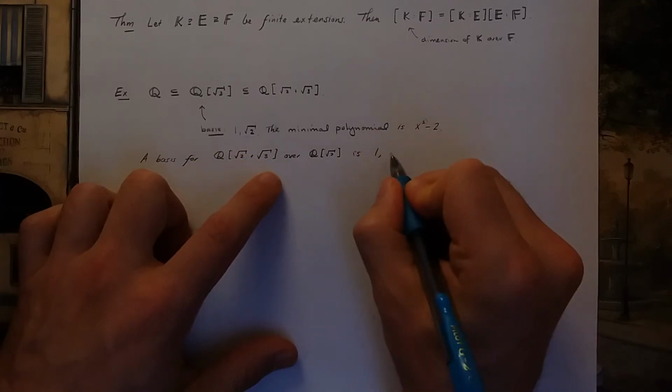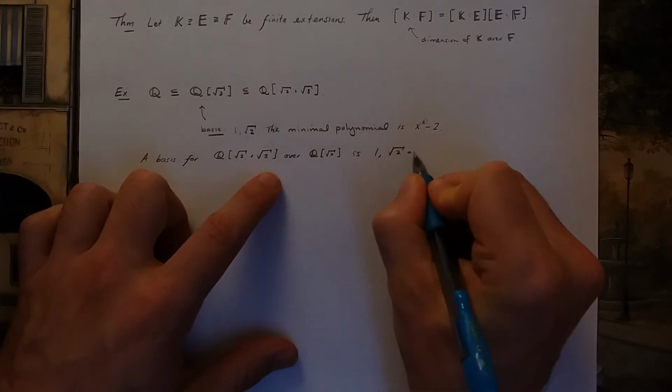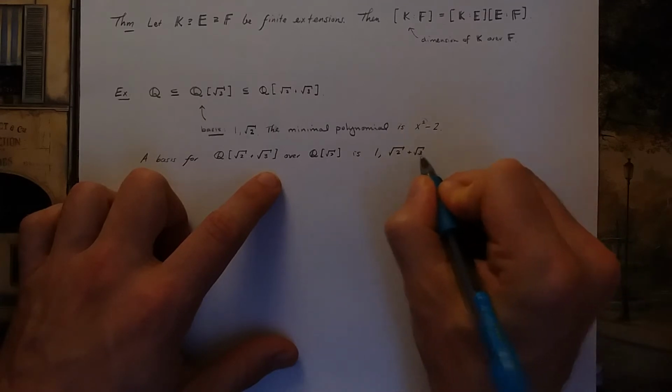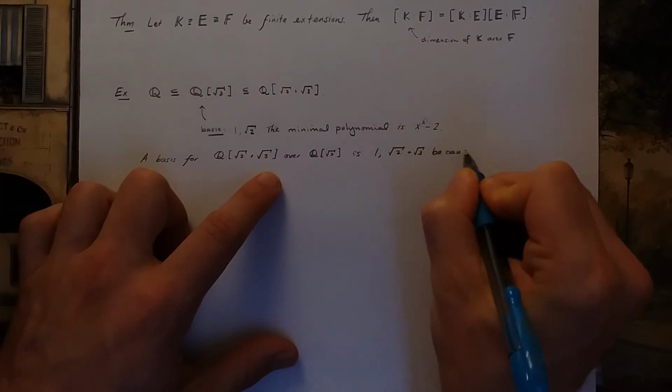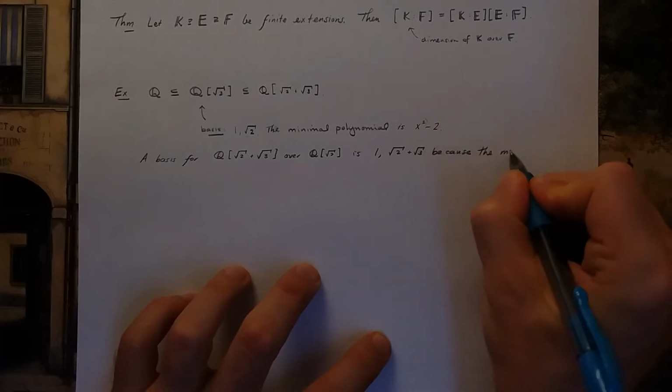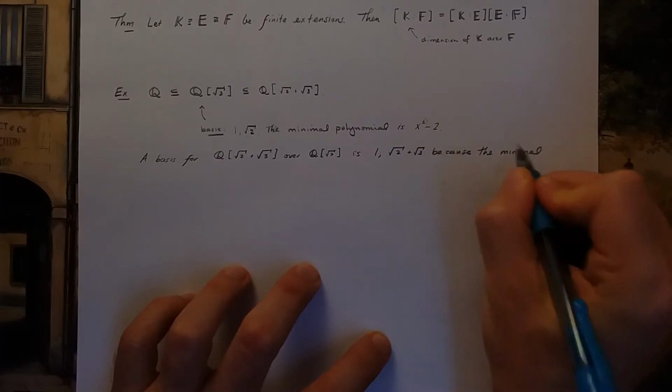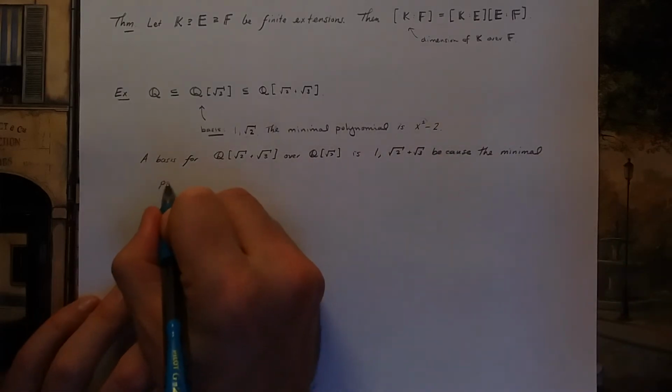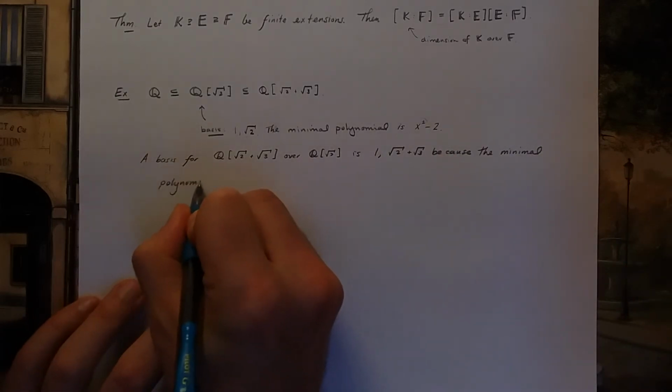So 1 and the square root of 2 plus the square root of 3, because the minimal polynomial, check this out.